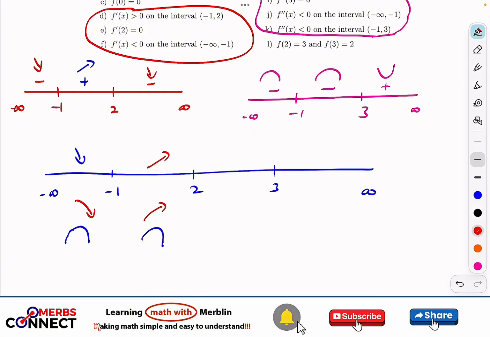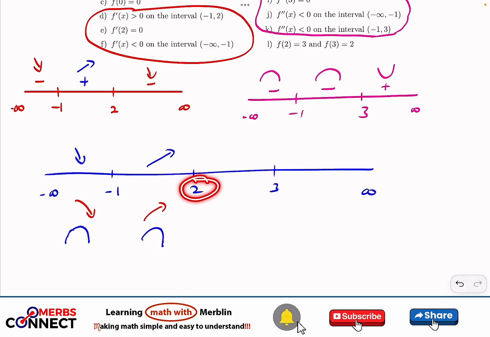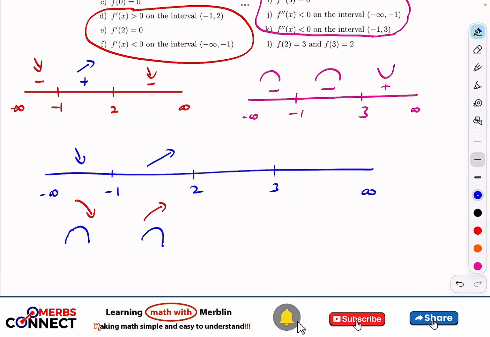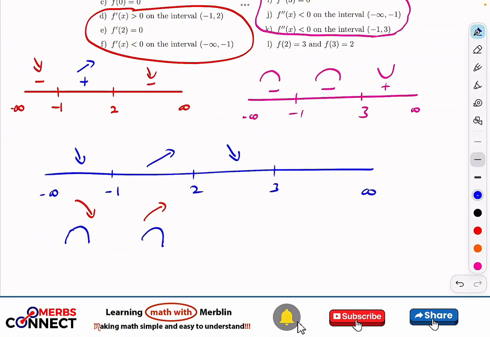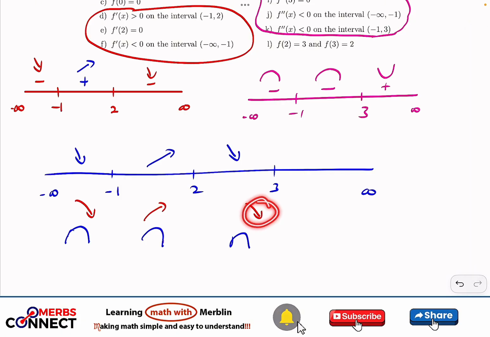Let me use a different color for this so that I will see that I'm using the red for the graph. Now let's look at in between 2 and 3. This is decreasing, and in between 2 and 3 is still here, which is also concave down. And since it's going to negative, we are going to use the negative side here.